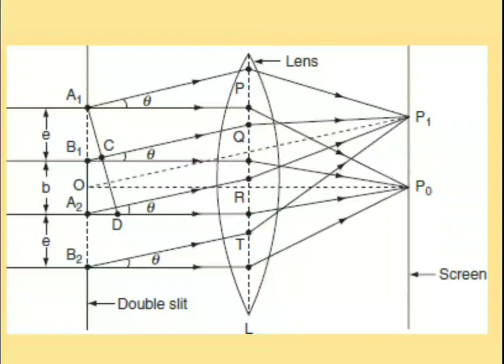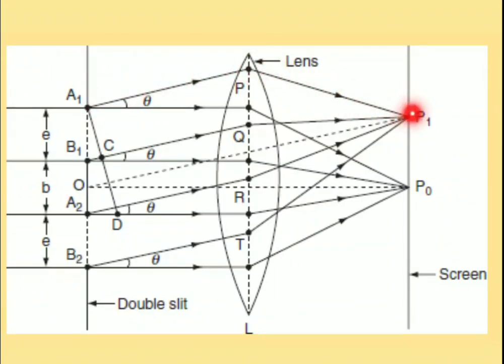Once again we observe this in the diagram. Here is the ray A1 P1 and this is the ray from A2 P1. Now these two rays are superimposed, and here we observe an interference pattern. The ray A2 P1 travels an extra distance compared to A1 P1, and that extra path is the path difference between these two rays.